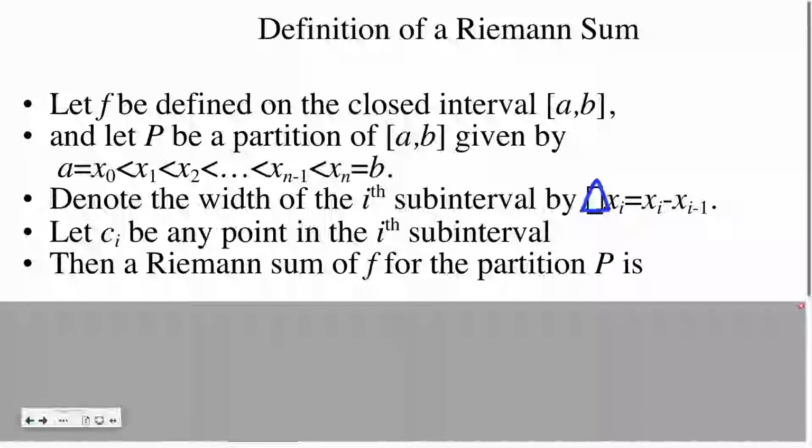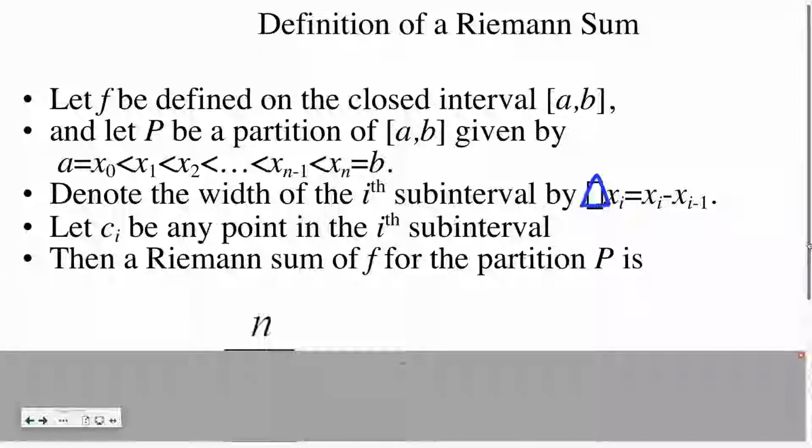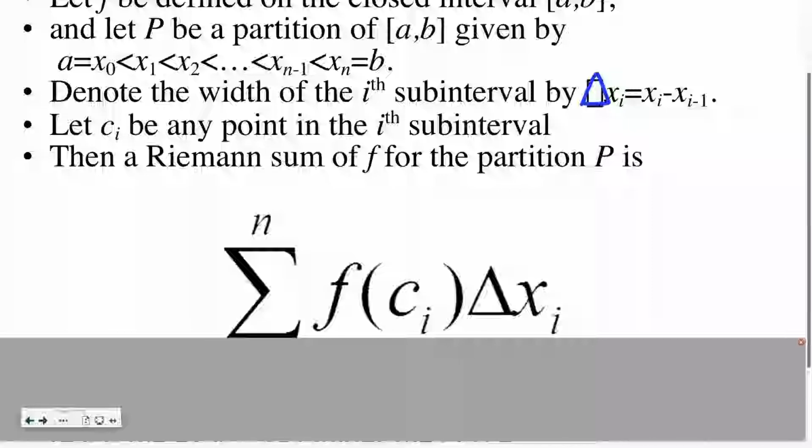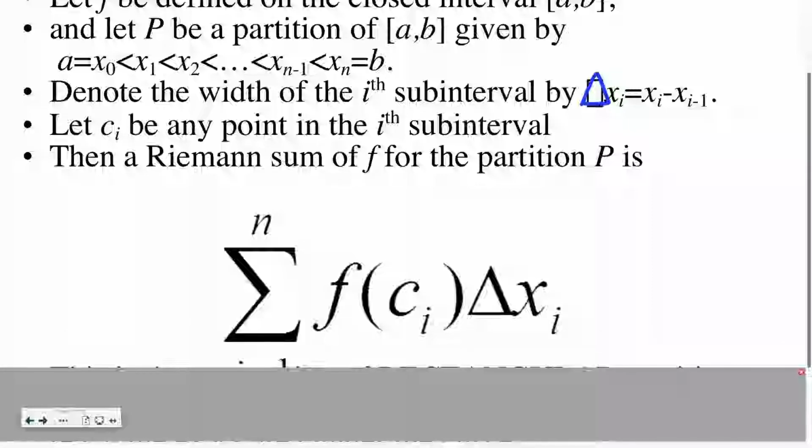So what we're going to do is add up our rectangles. Let's think about when we did this as a class over the past week. We would take the thickness, delta x, of our rectangles times the height, which we got by plugging in x for a function value. Delta x times function value, delta x times function value.